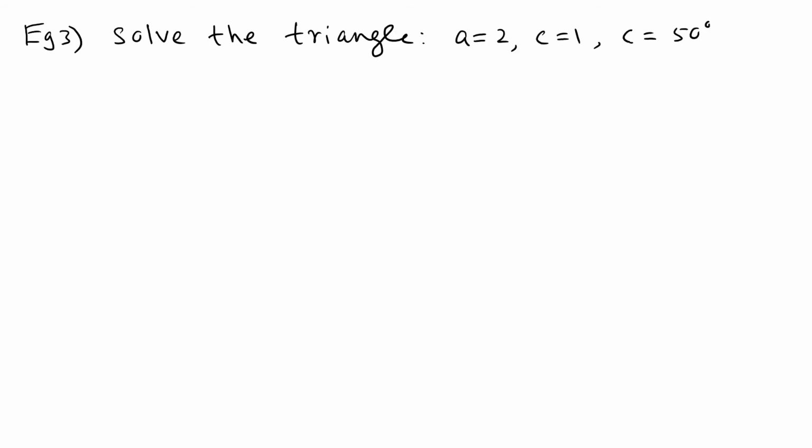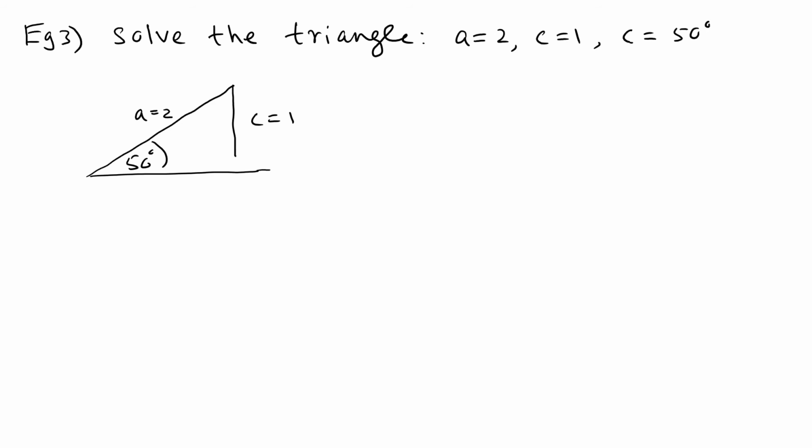So we have to solve the triangle with a equals 2, c equals 1, and angle C equals 50 degrees. Let's draw the situation. We have a equals 2, and the angle is 50, which is opposite to c. Then c is given, which is 1.